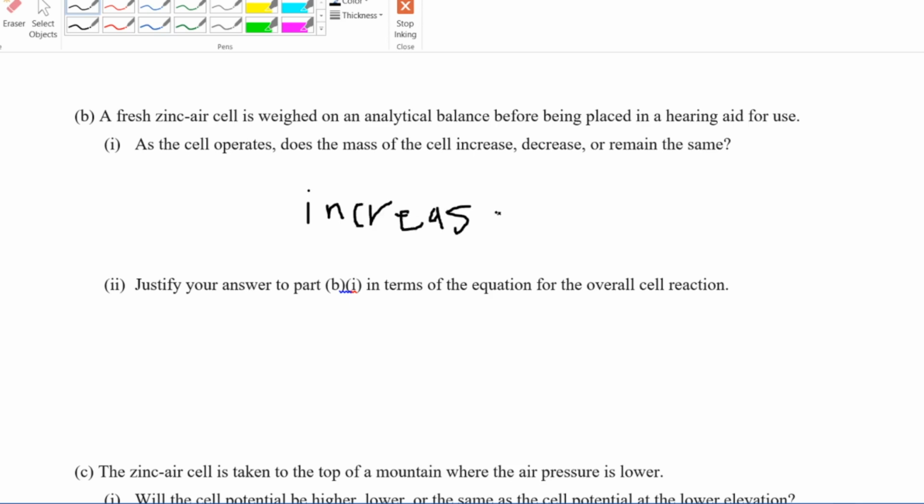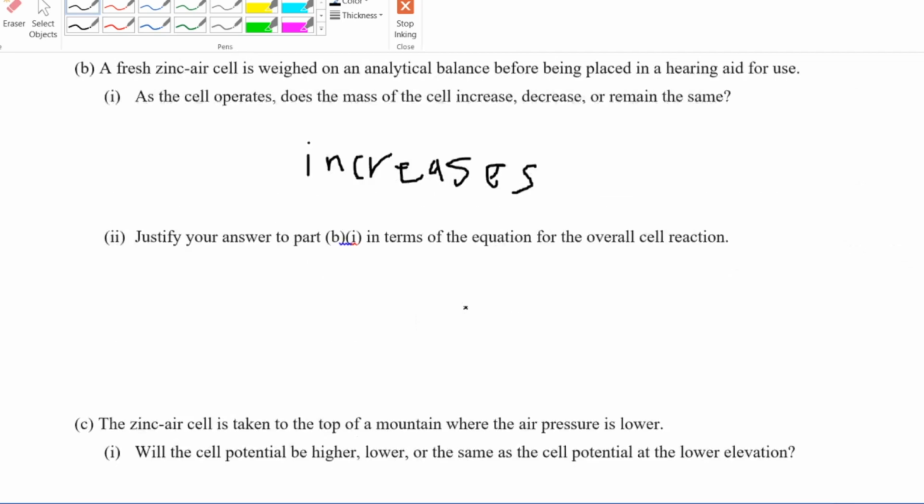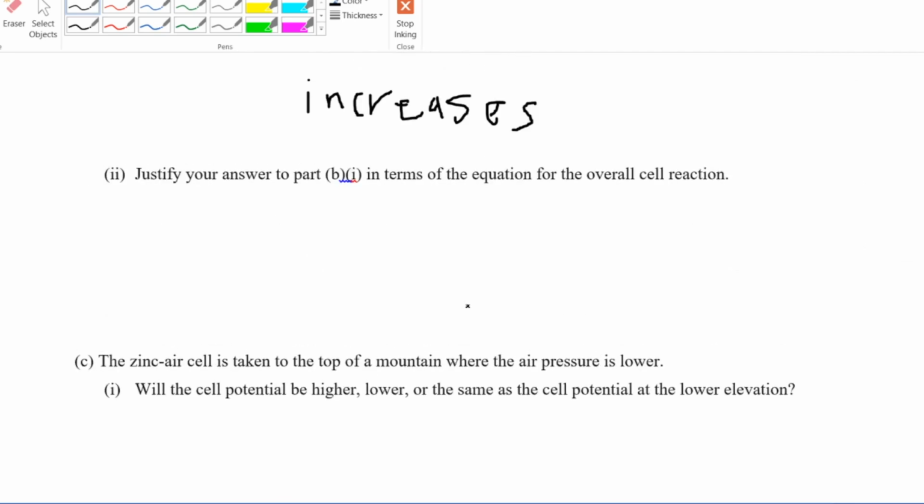Now you think about it, if this equation carries out, which it should, let's start the full explanation.